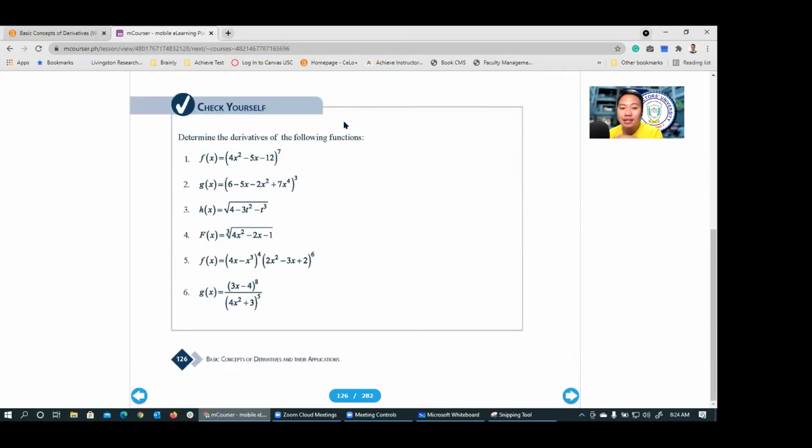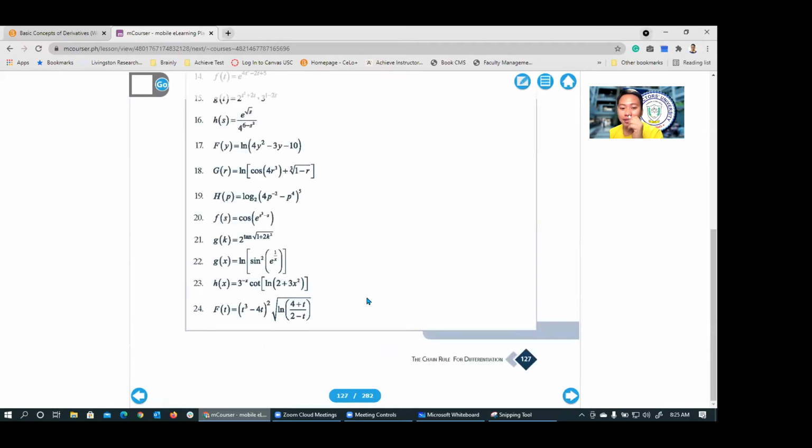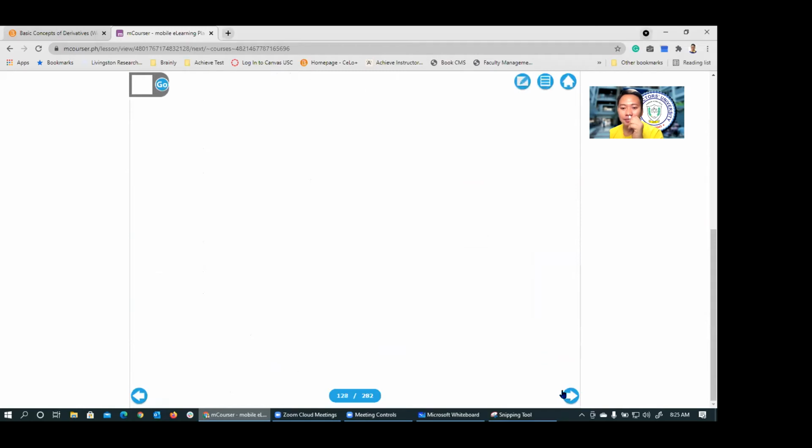Well, you can practice these items here, guys, on page 126. They apply the same thing as what we did on the previous examples. So if you want to master it, you go for it, guys.